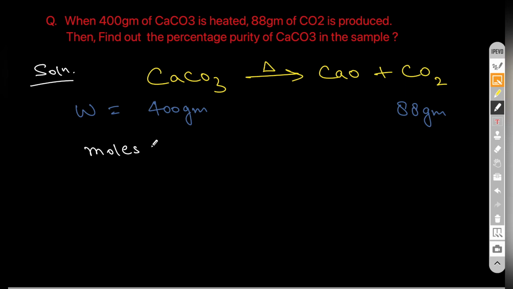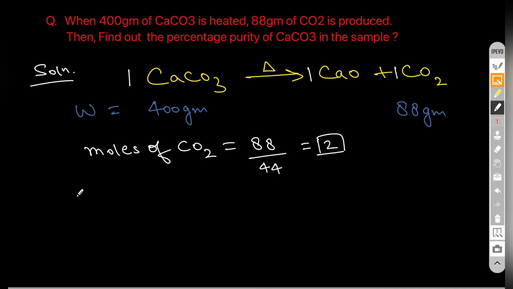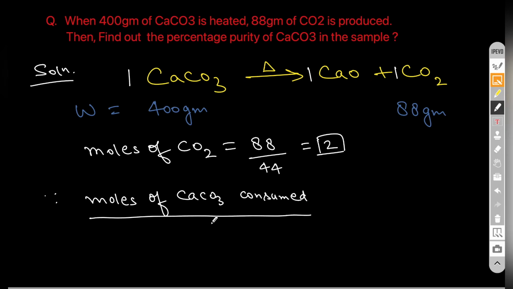We will write moles of CO2, which is equal to 88 divided by molecular weight, which is 44. So it will come out to be 2, right? Here stoichiometry for each of them is 1. We note that moles of CaCO3 consumed, since it's on the reactant side, divided by stoichiometric coefficient, which is 1, should be equal to moles of CO2 produced, since it's on the product side, divided by 1, the stoichiometric coefficient for CO2.